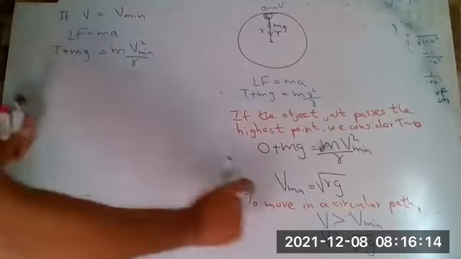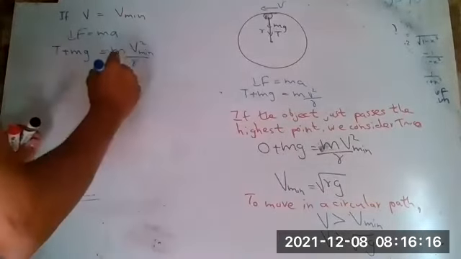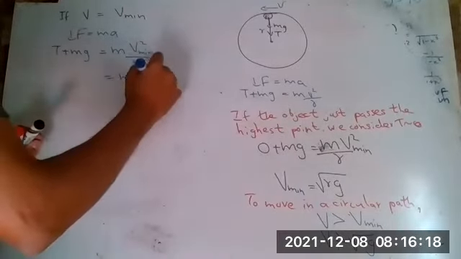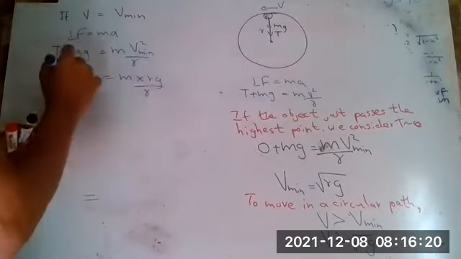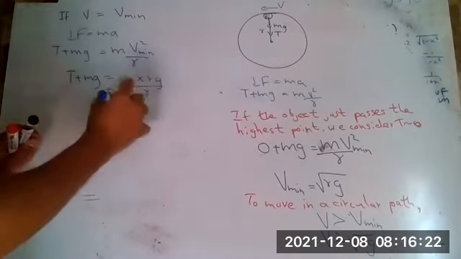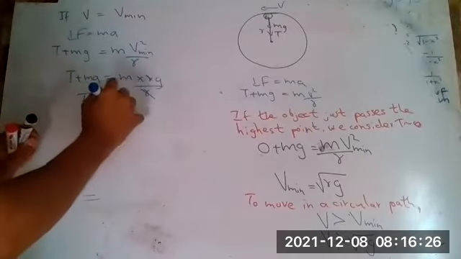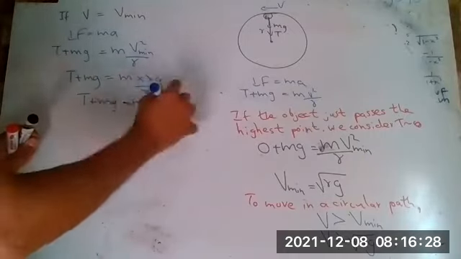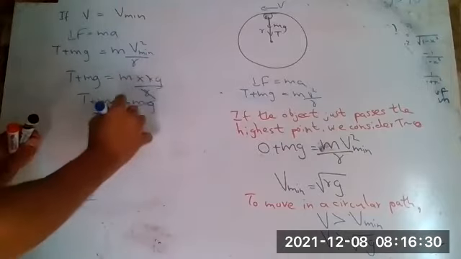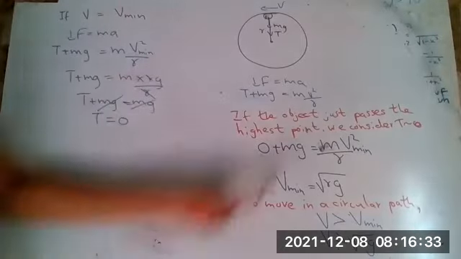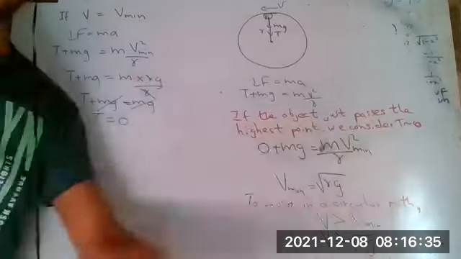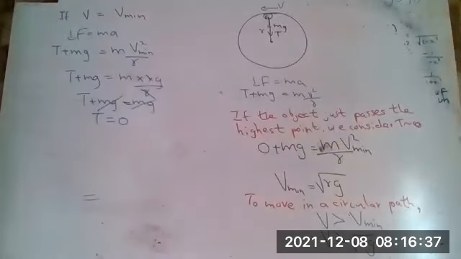V min squared is rg, right? So m into rg over r equals T plus mg. Then r cancels here, so here becomes mg. Once again, mg cancels, so you have T equals 0. So the reverse of the result we got on this side.